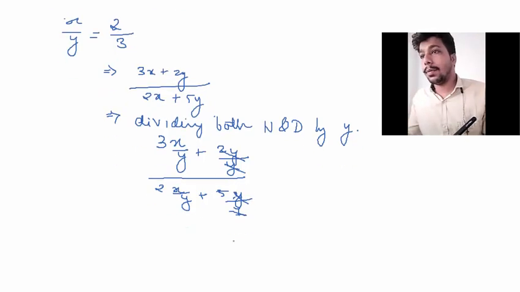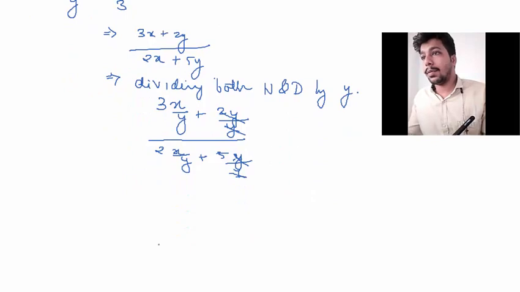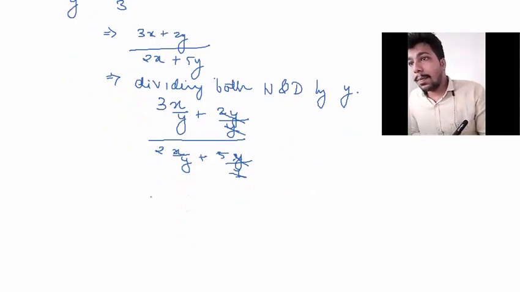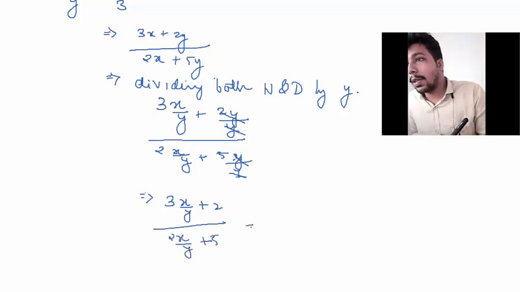So now I have 3 into x by y plus 2 and 2 x by y plus 5.